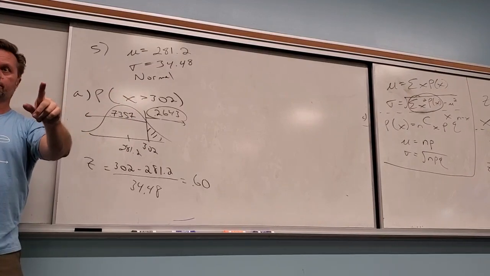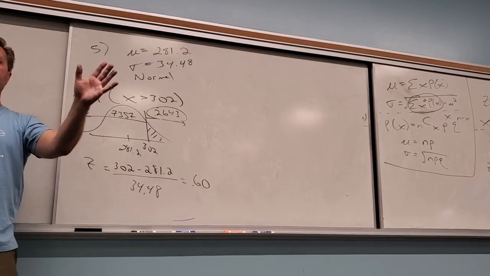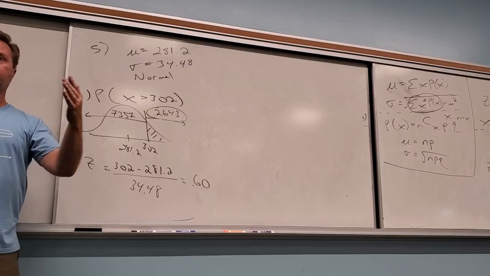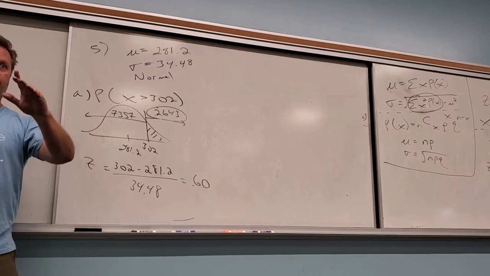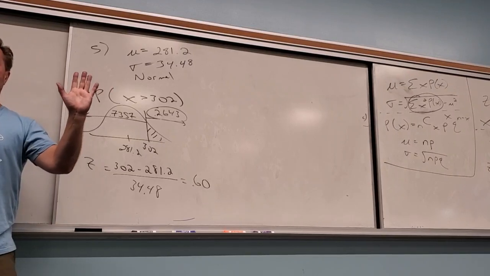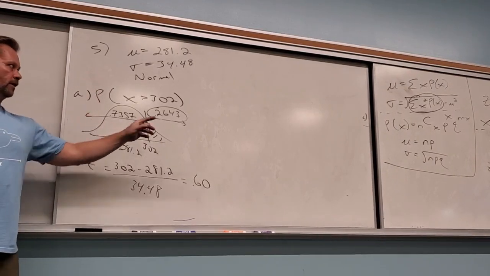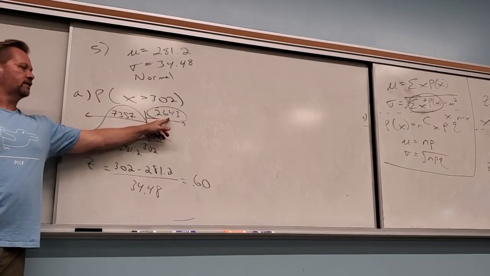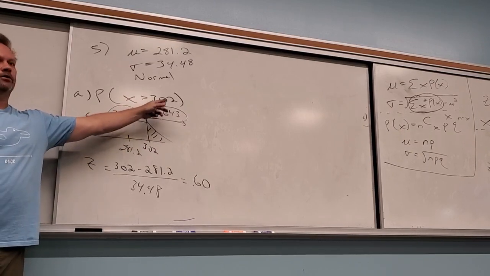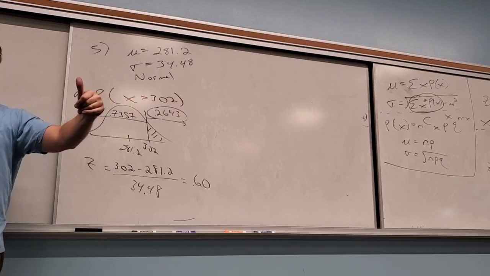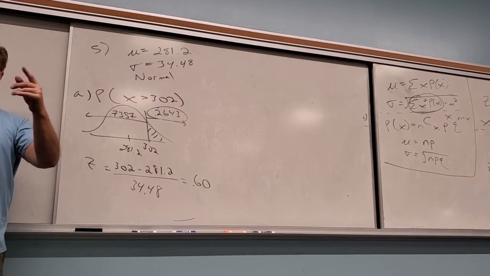You guys with me? Because it's possible that somebody who's going to give you a test soon is going to put a question just like that on it. Another way to say this is 26.43% of homes generate more than 302 pounds of trash a week. That's equivalent to what I said earlier. Either way.